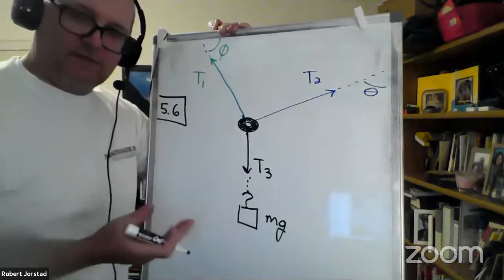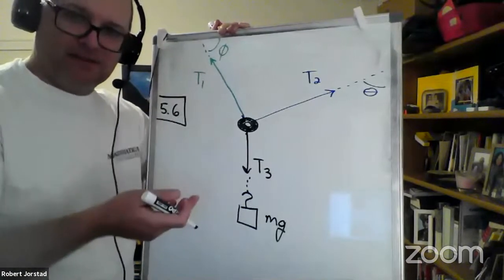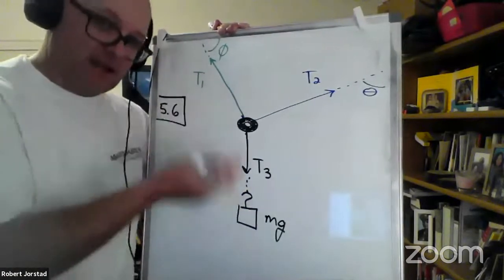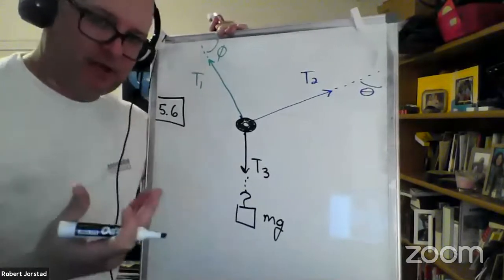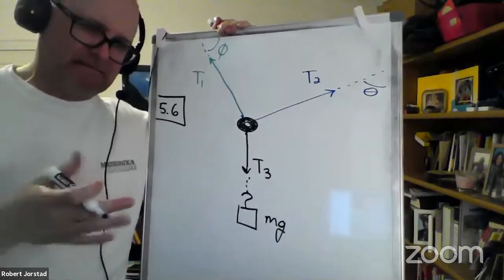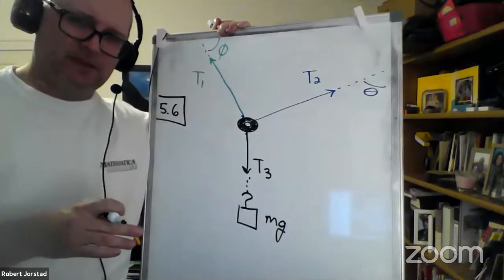When an elevator was moving up and down versus accelerating up and down, one of those situations caused the tension not to equal mg. Do you remember from last time?